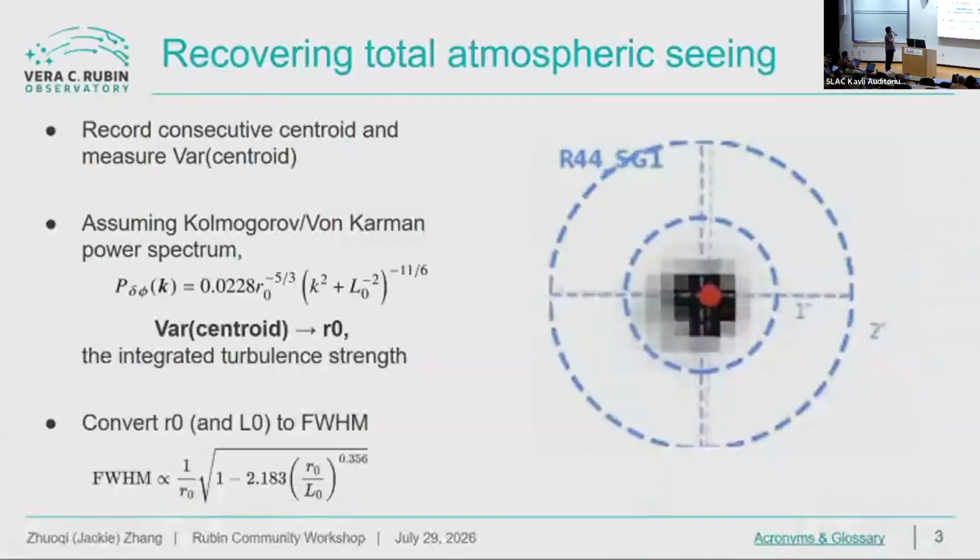Now, if we know the power spectrum of the turbulence, which fortunately we do thanks to Kolmogorov and von Karman, then we can come up with a quantitative relationship to turn the variance measurements into this r0 parameter, which is an amplitude parameter for the overall turbulence strength. From there, we convert r0 to full width half max using a rather well-known relationship. This is how, using individual stars, we can say something about atmospheric seeing.